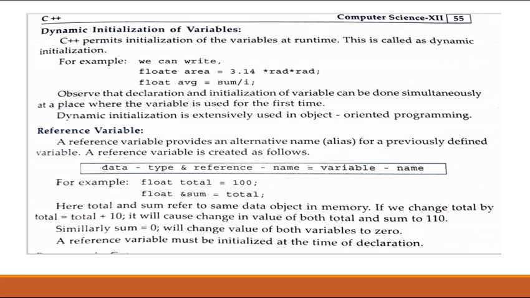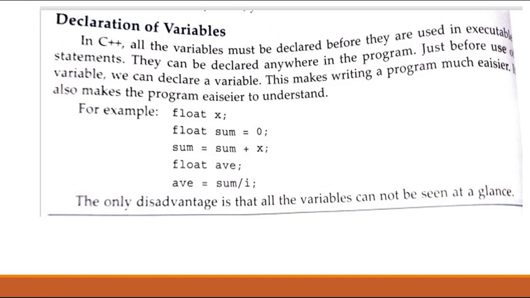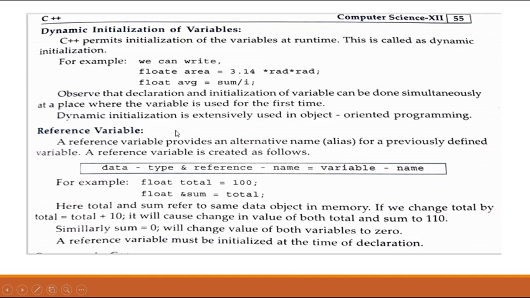हम वैल्यू की इनिशियलाइजेशन पहले ही कर देते हैं, राइट, लाइक दिस। ओके, ये जो float sum is equal to 0 दिख रहा है, that is the static initialization. ओके, बट डायनेमिक में क्या होता है कि हमें रन टाइम में वैल्यू को स्टोर करना होता है। जैसे कि देखिए यहाँ पे एक वेरिएबल है float area is equal to 3.4 into rad. ओके, that is the radius.